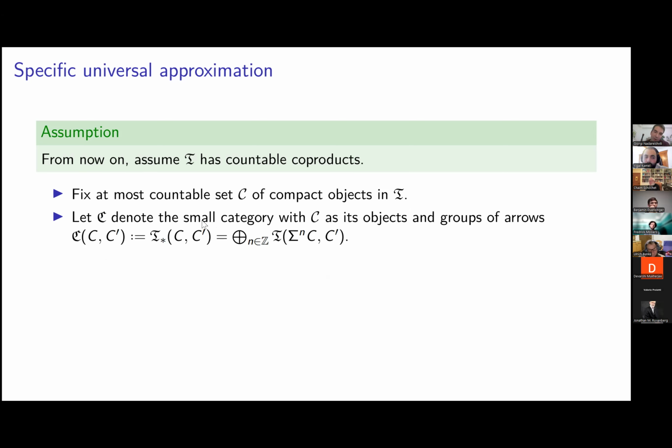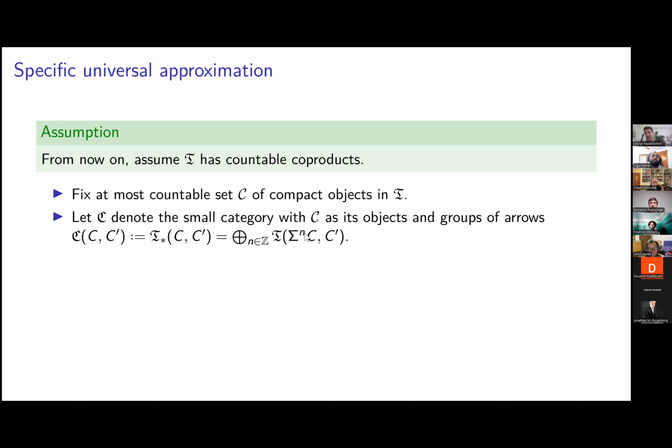I said almost because if I have two objects, C and C prime, that I chose, the Hom in my Gothic C from C to C prime will be almost the Hom in my triangulated category from C to C prime, but I put a star here to indicate that I have graded it over the integers, meaning I consider all possible suspensions of C here, from n being minus 1, 2, 3, 4.